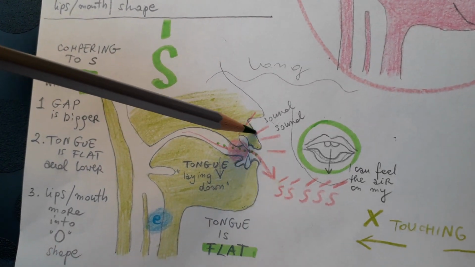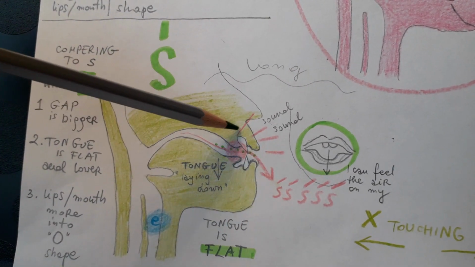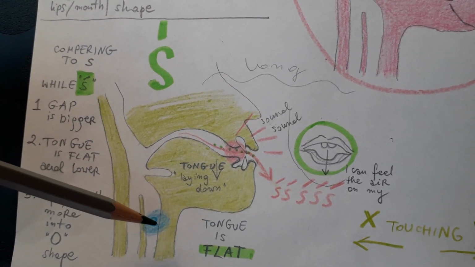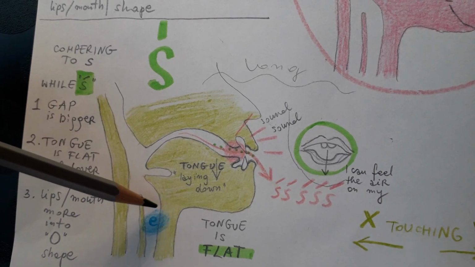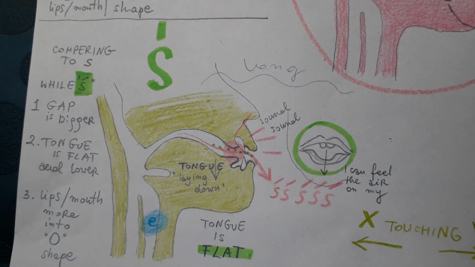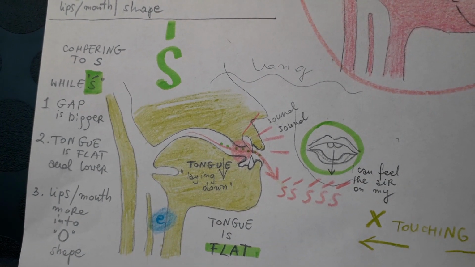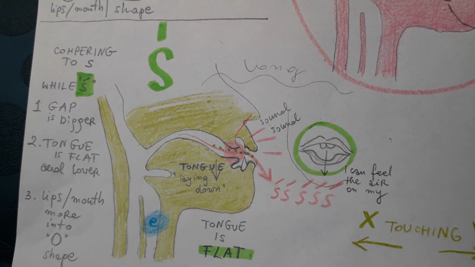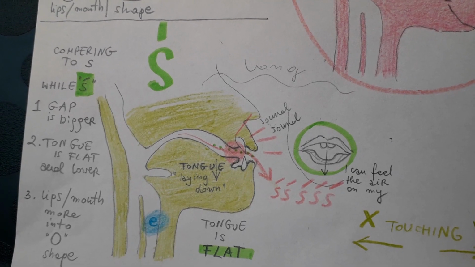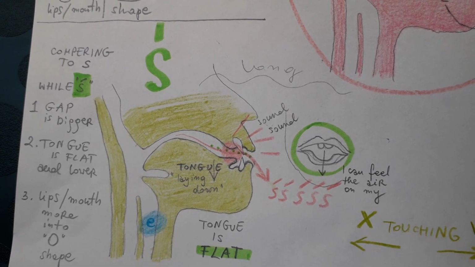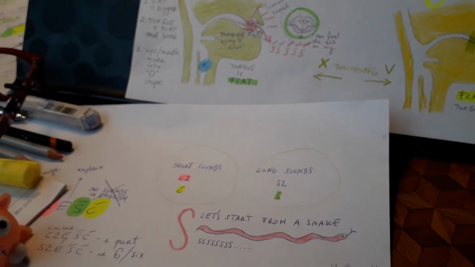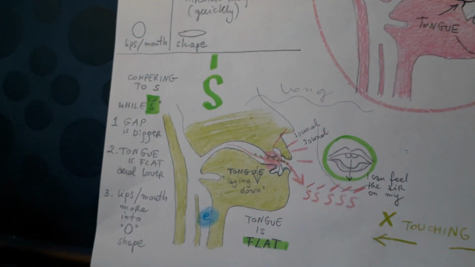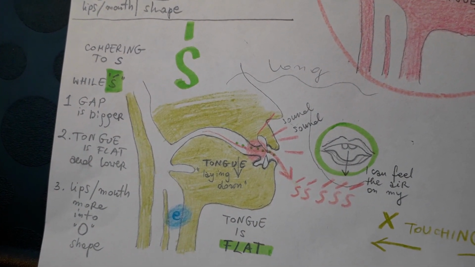Probably you can hear that the sound comes from here, behind the teeth. And you can compare it with a sound like a, which comes from the throat. So this is also interesting. Again, if you do S, just make a bigger gap in your mouth and change the shape of your lips. With an S, you have flat lips, and with a ś, you have more open lips.